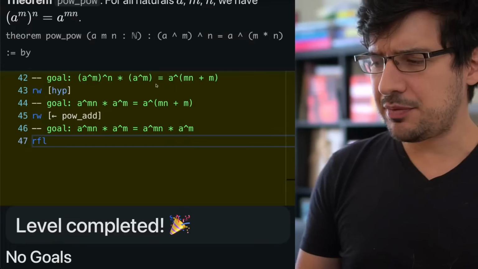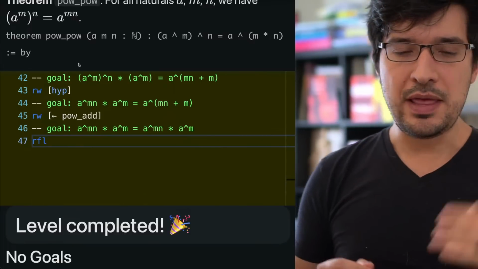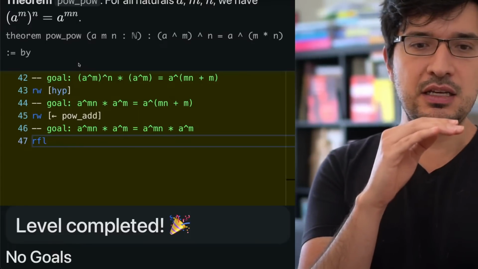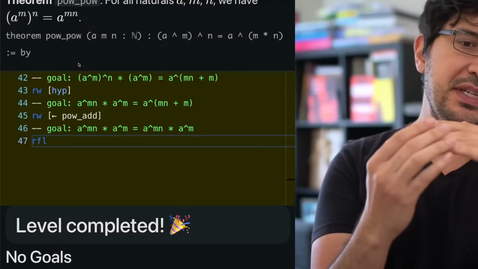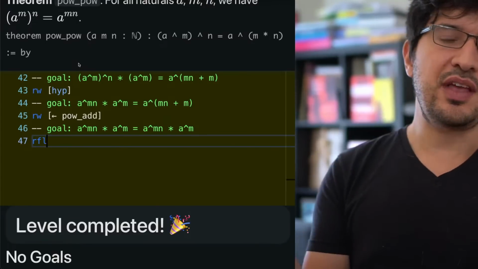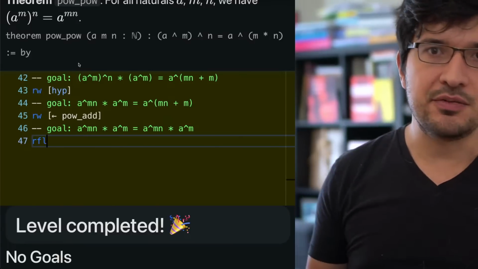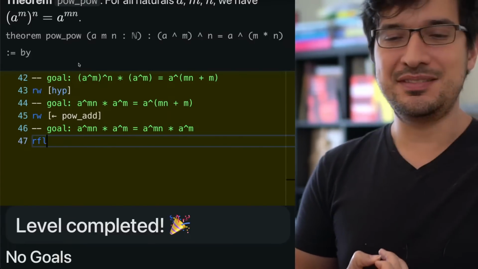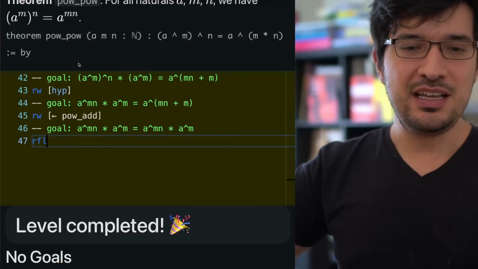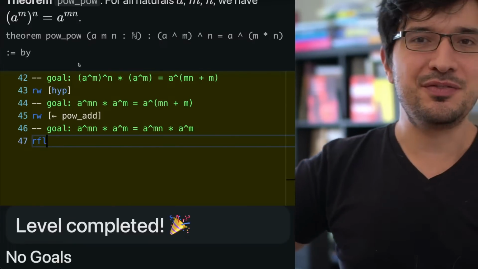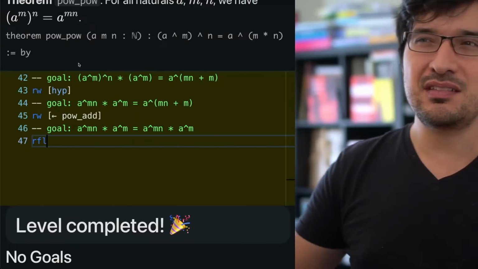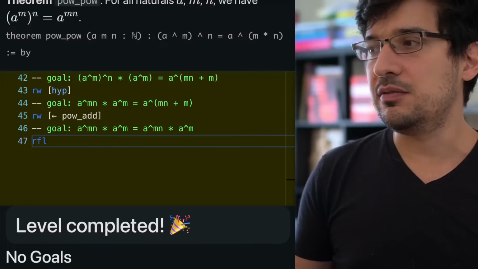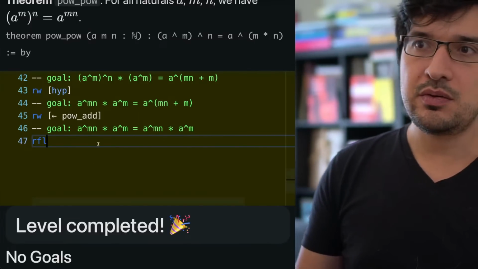Because usually in a math proof, whether you're rewriting from the left of an identity or from the right, you would still just say by distributivity of multiplication. You wouldn't say by distributivity of multiplication in the forward direction or from the reverse direction. So it's taking me some time to get used to that style of proof writing.